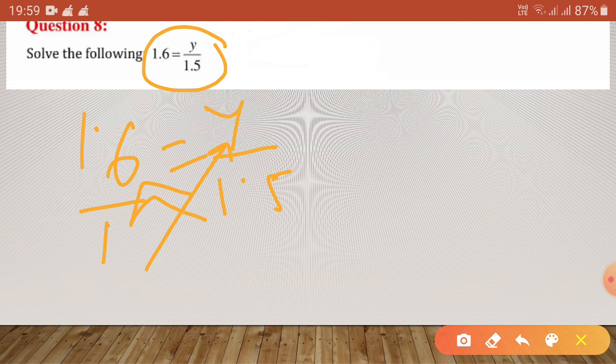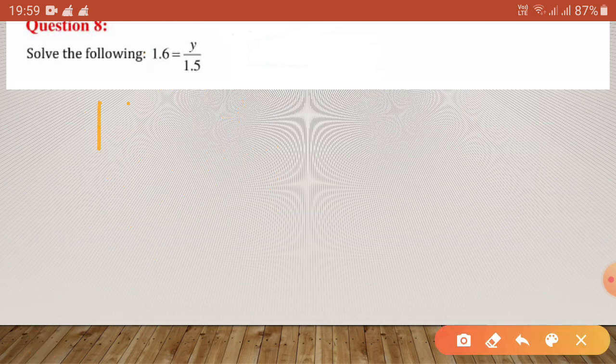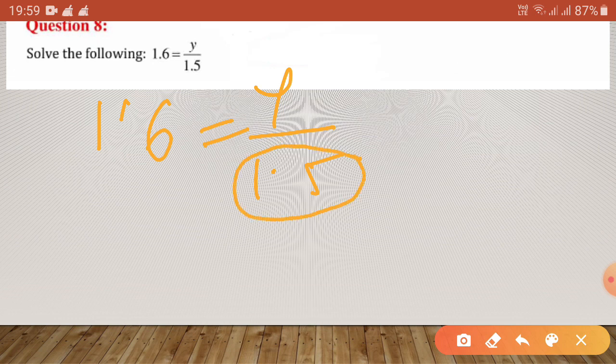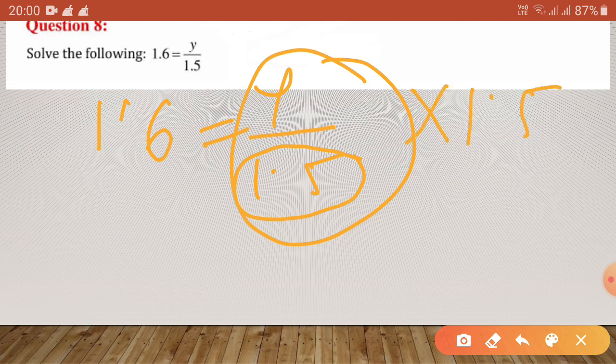Otherwise we can do one thing, that in this example, 1.6 equal to y by 1.5, okay. So here we have 1.5 below the y variable, that means 1.5 is the denominator here. So if you want to omit this denominator, we have to multiply by 1.5 on the right side.